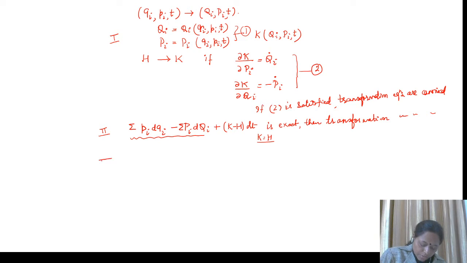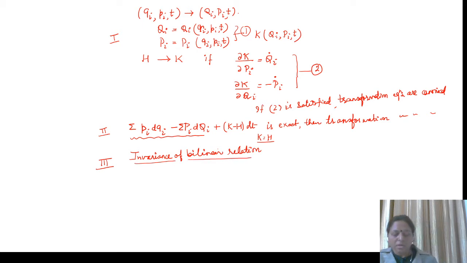Now I come to the third way, the third method. There are in fact four methods. One method will be discussed in the last unit, and the third method is that which is called the condition of bilinearity, that means the invariance of the bilinear relation. What is this relation?